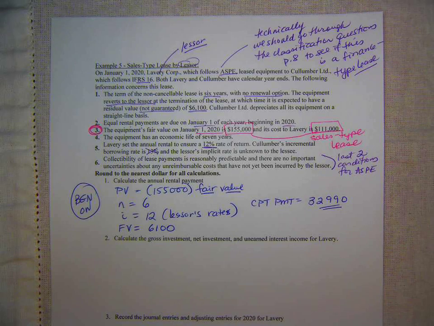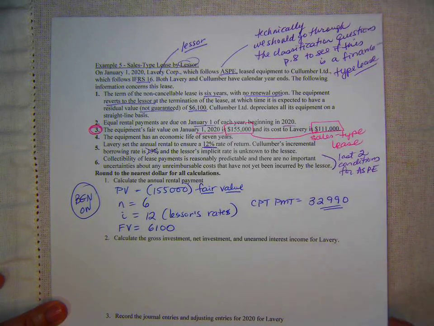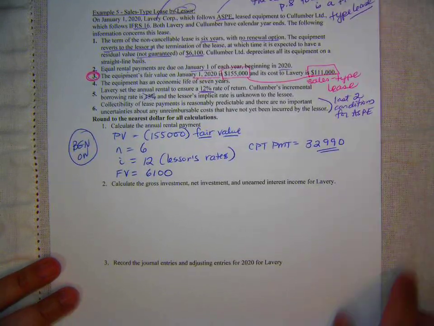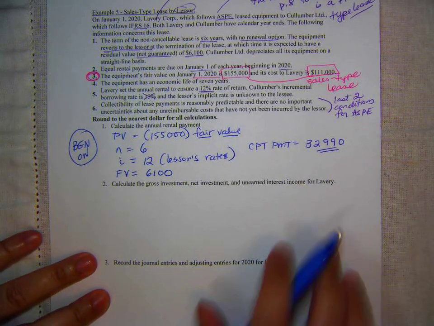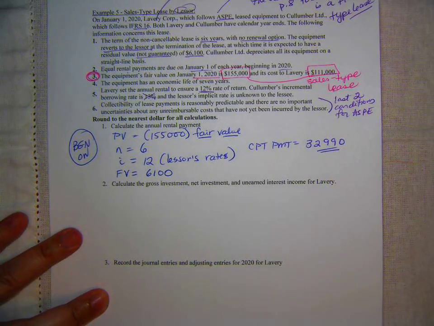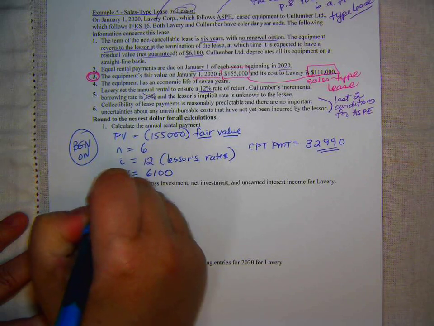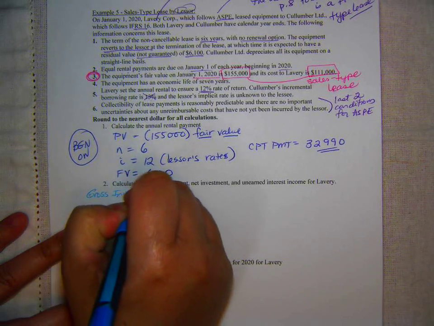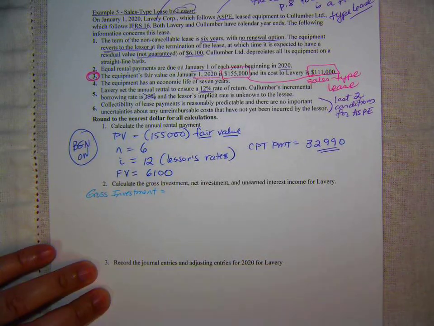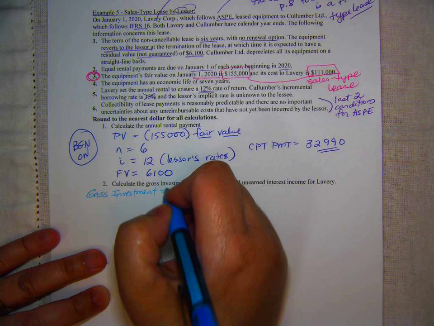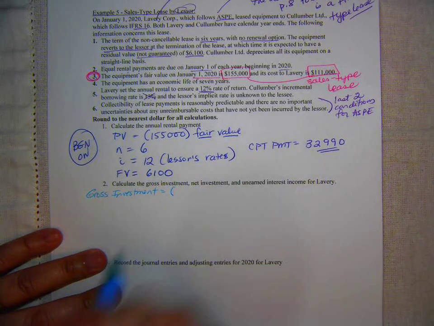Now, just like the other example that we did before, you have to calculate gross investment, net investment, and then the unearned interest. So, gross investment. If you remember from page 12, or if you go back and look, it's the undiscounted, because this is going to become our receivable.